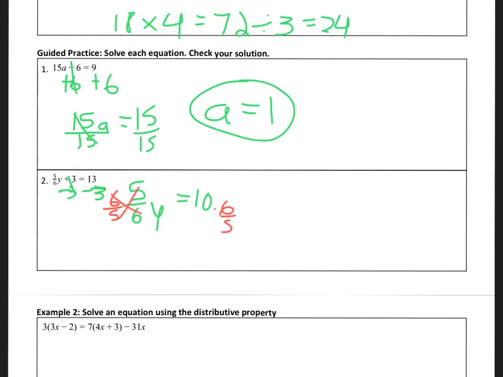So again, a little mental math trick for you with fractions, and this one's a little bit easier to do. I would do 10 times 6, divide that result by 5. So me doing mental math, 10 times 6 is 60. 60 divided by 5, 12. So it's a good way to do some mental math to solve these equations.